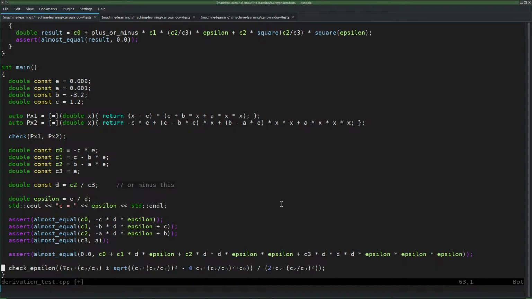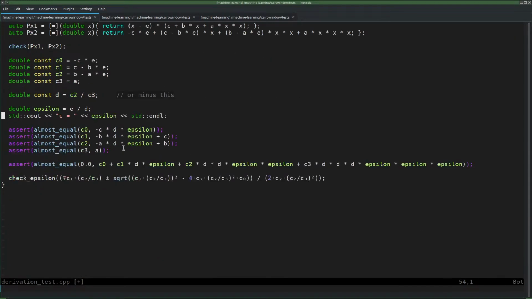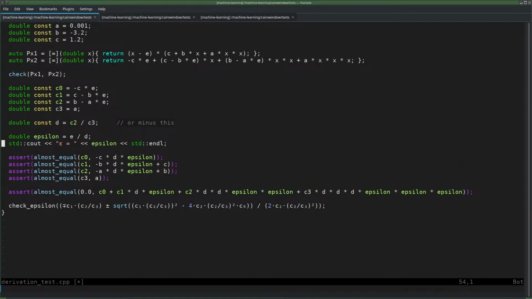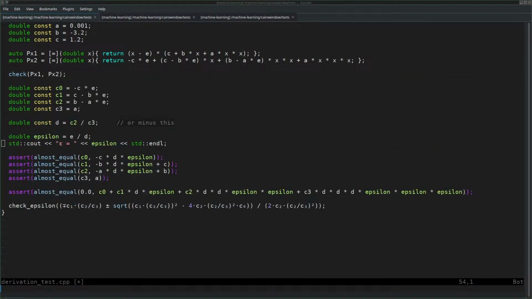What if this plus or minus is linked to the plus or minus inside this function though? Where does it come from? This plus or minus comes from, that's literally minus that one. That's how we solve it. So I have to put a loop here.